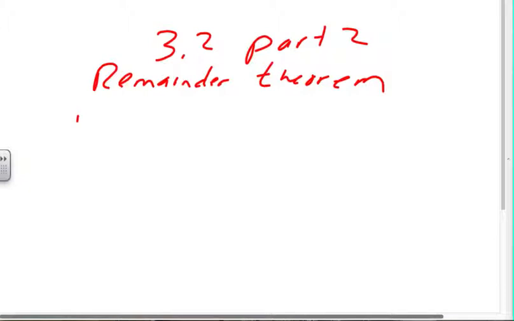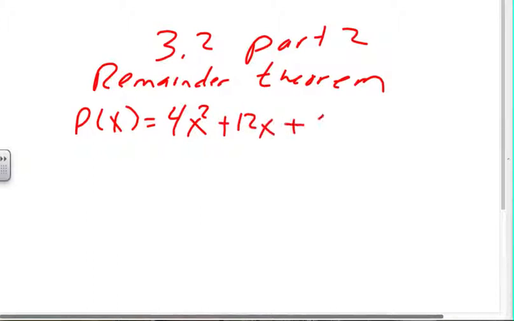So if I have a polynomial, which is 4x squared plus 12x plus 5, and I want to find what the value is at -1.